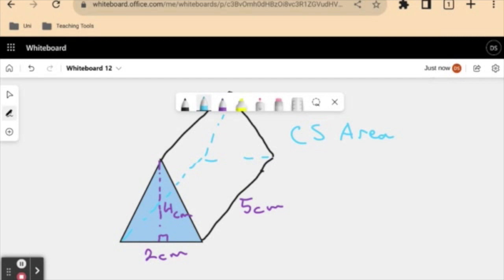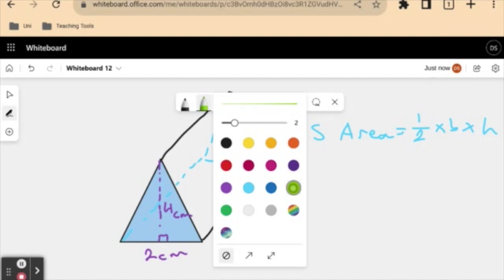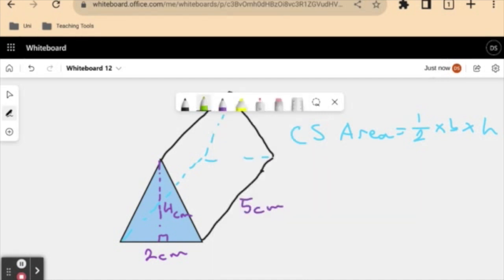That cross-sectional area is, from what we had with the area of a triangle, half multiplied by the base length multiplied by the height. And all our volume is going to do is multiply that by our depth of 5 centimeters here. So our total volume, I'll do that in another color as well.